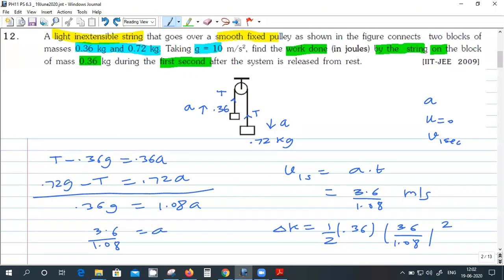And then kinetic energy. And acceleration I got as 10 by 3 meter per second square. So this is the expression, right? Yeah. Okay.